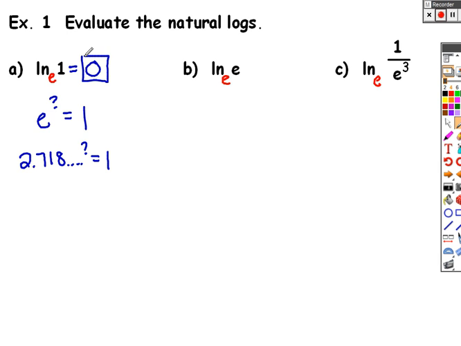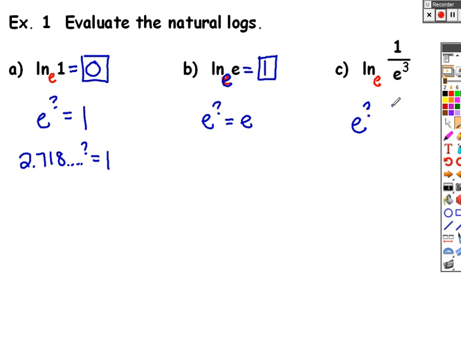Second one, ln of e. Well, this means e to what power is e? So if there's no base written, but I see that natural log, my base is e. E to what power is e? Well, that would just be 1. E to the first power would give you e. Last example, again, if the base is not written and I see that natural log, it's implied the base is e.